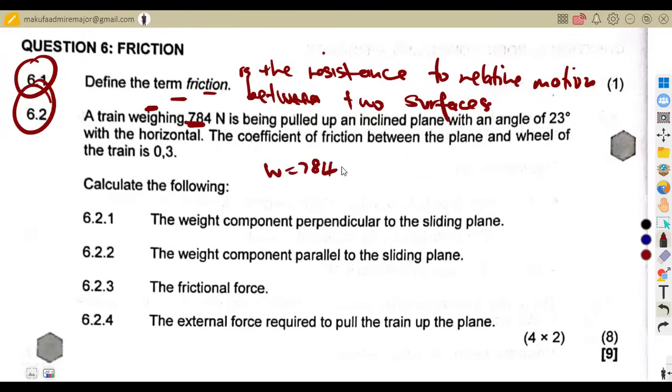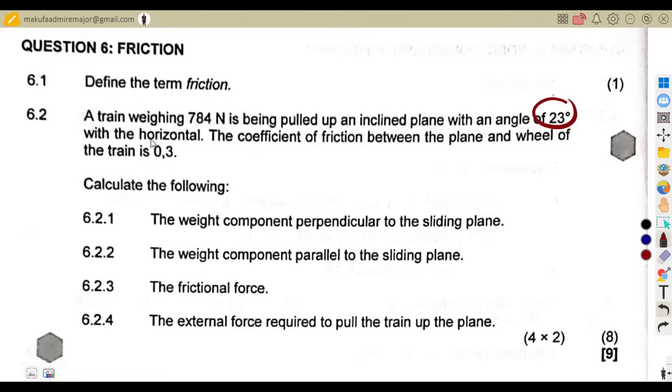is being pulled up. It is going up the incline, which is inclined at an angle of 23 degrees with the horizontal. Once we are given the coefficient of friction, it means there is a frictional force.